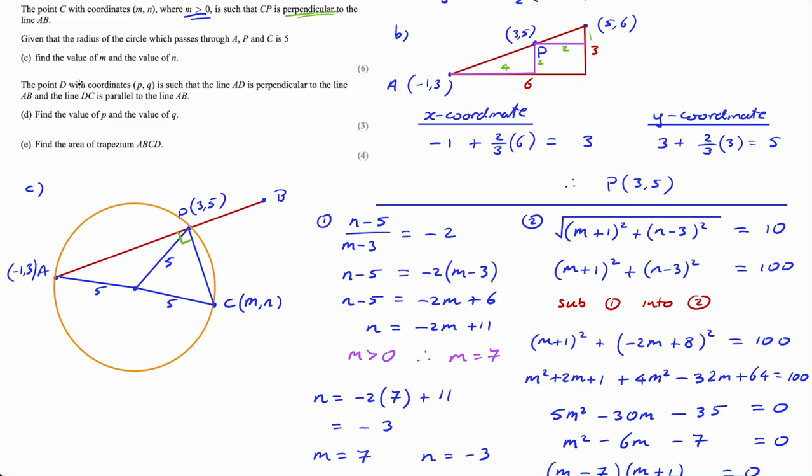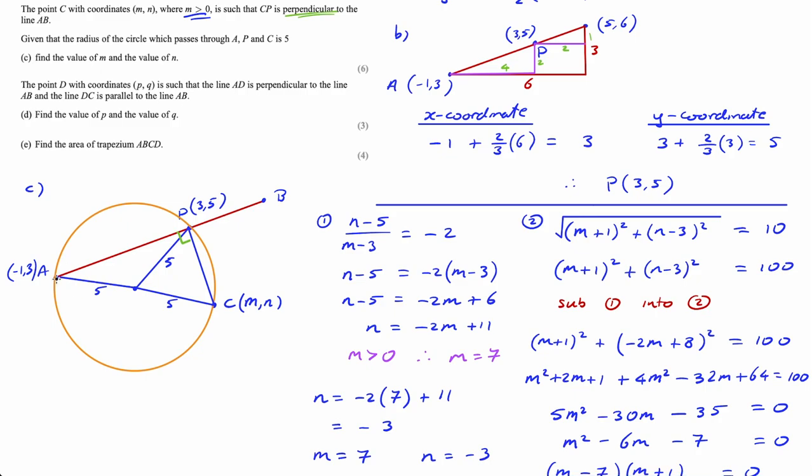Okay, part D. The point D with coordinates p, q is such that AD is perpendicular to the line AB, and the line DC is parallel to AB. Okay, so guys, just so we're clear on what's happening here.